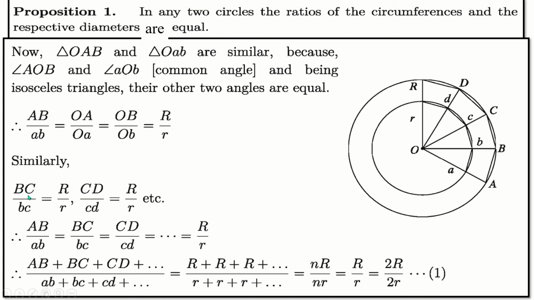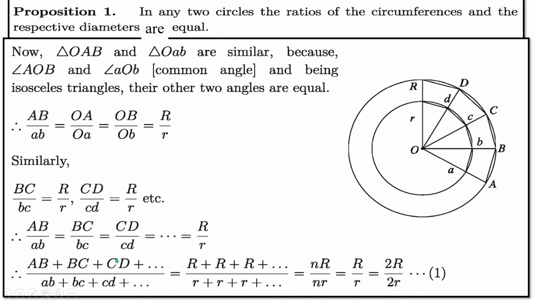Similarly, we can say BC by small bc is equal to R by small r, CD by small cd is equal to R by small r. As the right sides are the same, all the others will be equal.